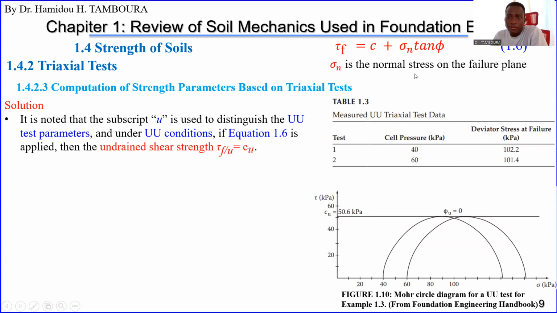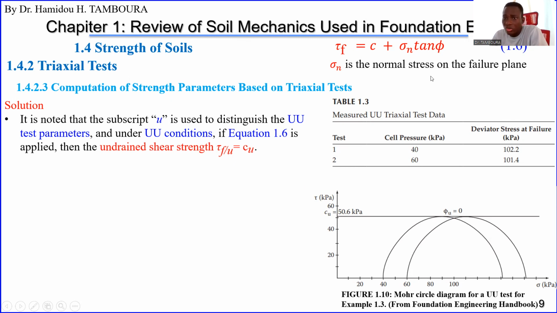If we use this equation, do you remember this equation? This is the equation for the shear strength, the capability of the soil to stand against shearing.